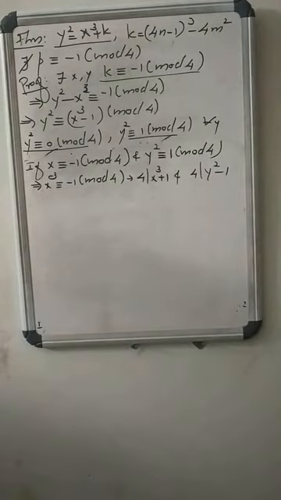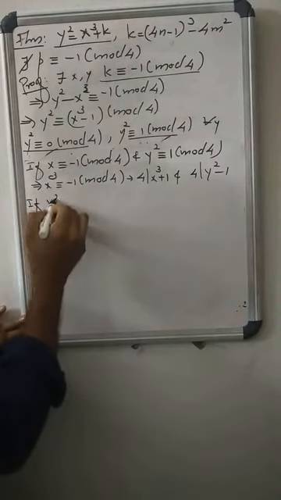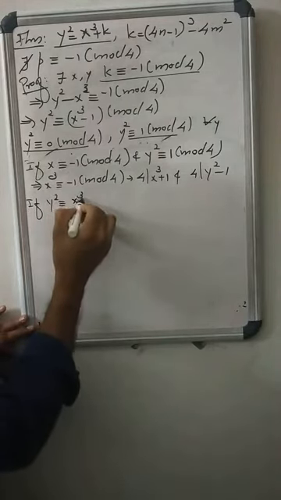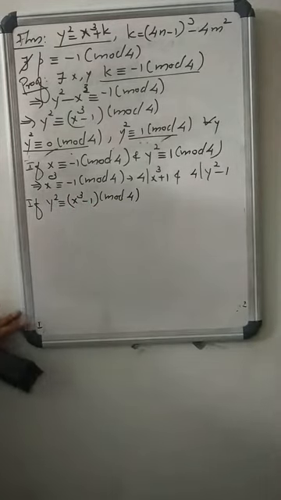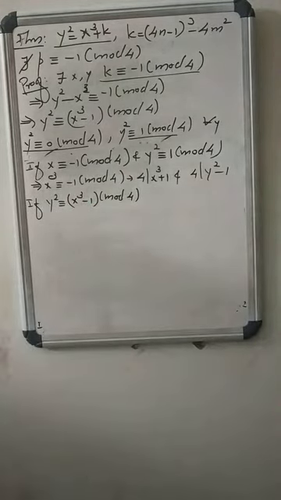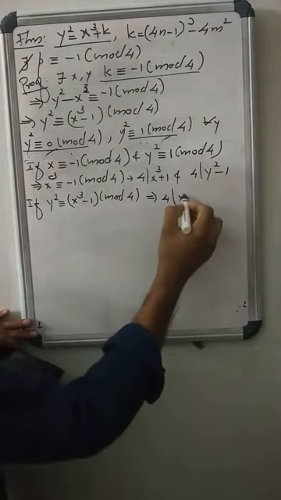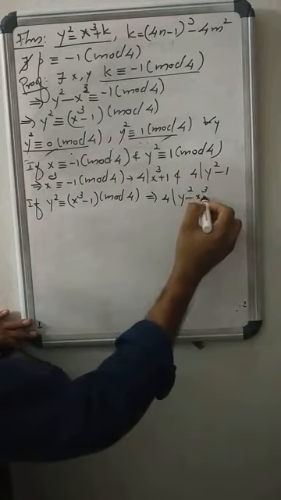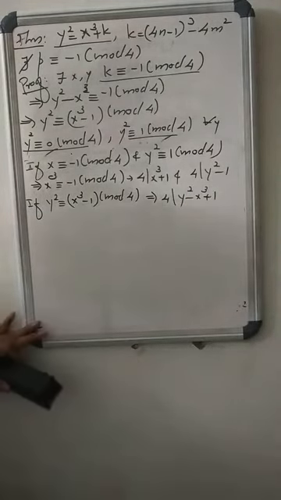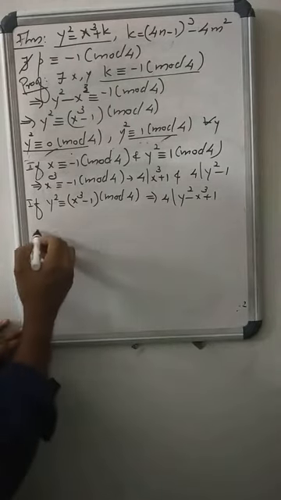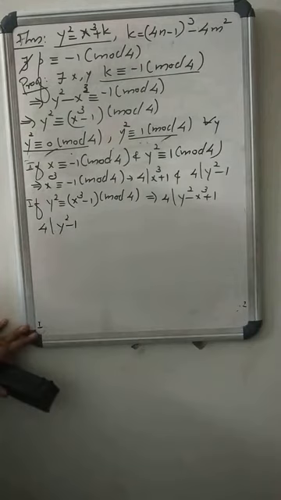Clear? Okay. If possible, y² ≡ x³ - 1 mod 4, that means 4 divides y² - x³ + 1.